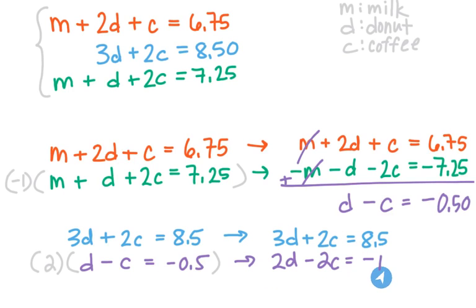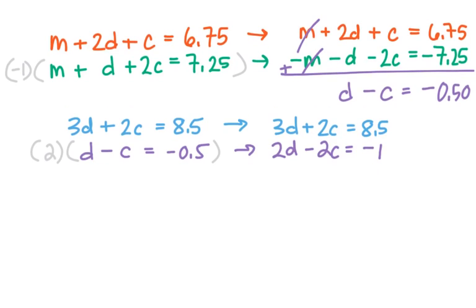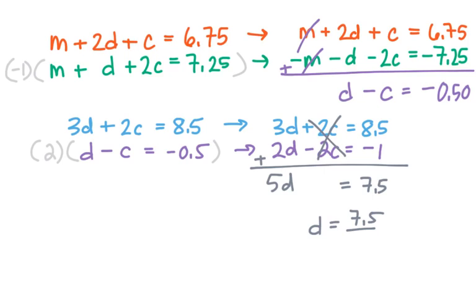That gives me 2D minus 2C equals -1. So let's look at what happens when we add these together. I have 5D, engineered so the C's cancel, and I have 7.5. That lets us know that D is 7.5 divided by 5, or rather 1.5.